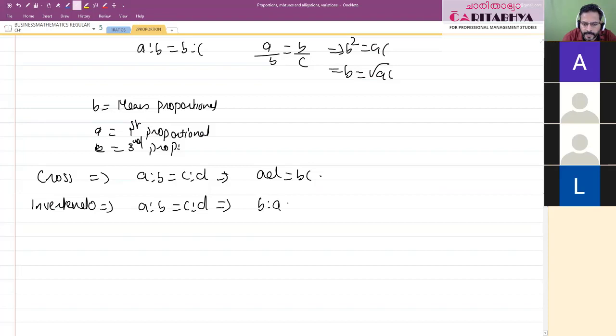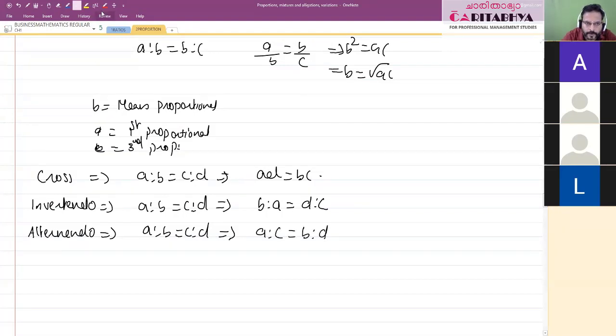B is to A equal to D is to C. Okay. Then അടുത്ത property എന്തായിരുന്നു? Alternando property. A is to B is equal to C is to D, that implies A is to C is equal to B is to D.